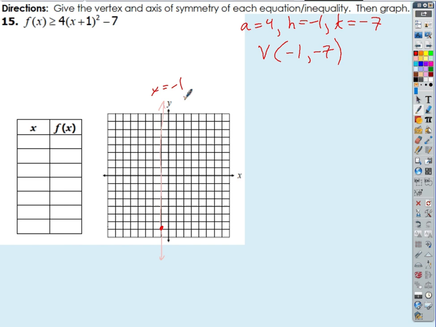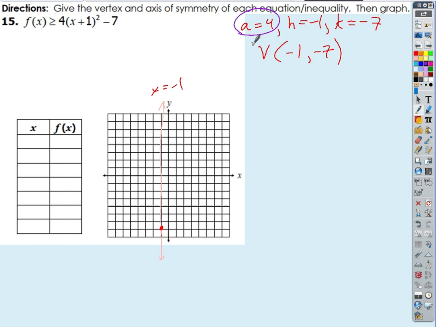And so what am I going to do to the shape of my parabola? A is equal to 4. So what's that mean? Dilate it by 4. So all of the regular heights I'm multiplying by 4. So instead of going over 1 and up 1, I'm going over 1 and up 4. Instead of going over 2 and up 4, I'm going over 2 and up, no, if I'm multiplying by 4, when I'm dilating, I'm multiplying all the heights.